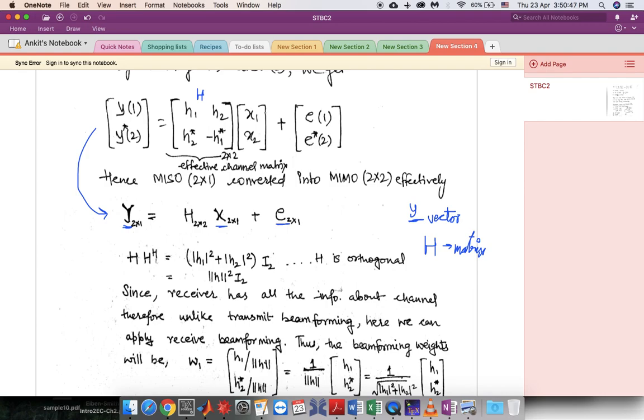I hope all of you remember what this norm square is, right?